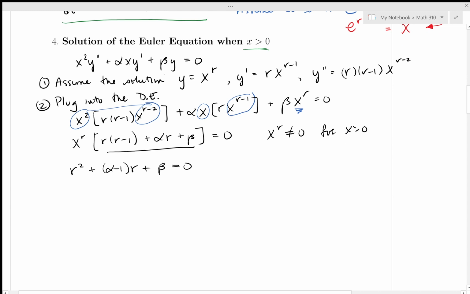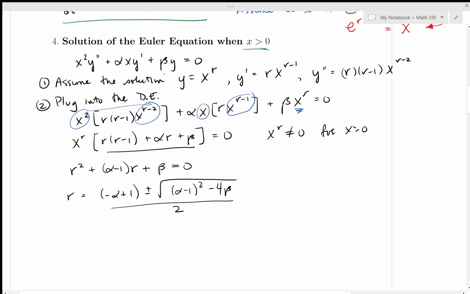That's the polynomial. And we can use the quadratic formula to see what the roots of it are. That's going to be r is equal to negative b plus or minus the square root of b squared minus 4ac, all divided by 2a.